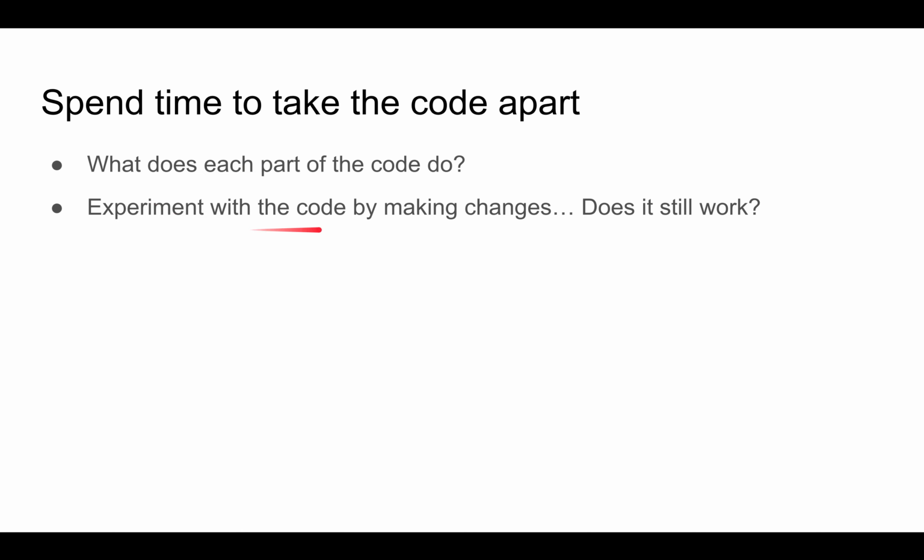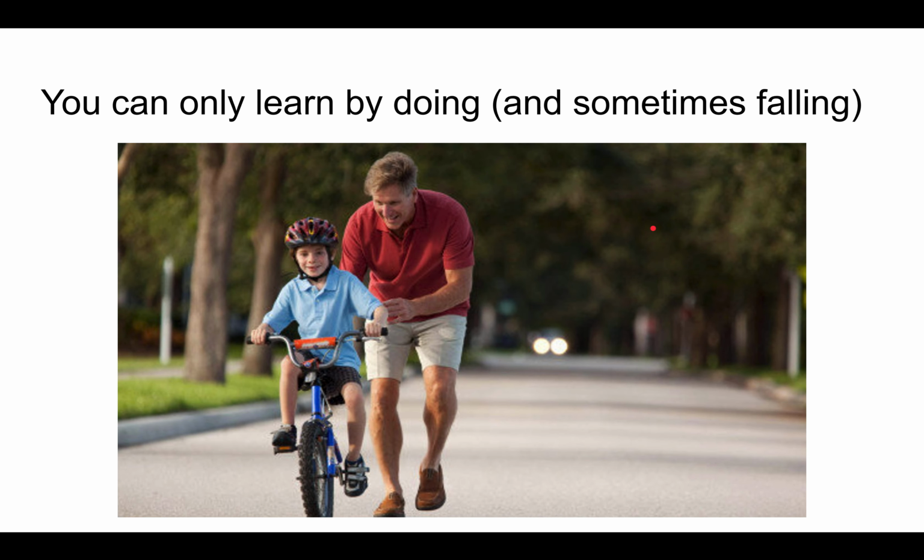You should also experiment with the code by making changes and seeing whether it still works or breaks. Ultimately, you can only learn programming by actually doing it. And when you do it, sometimes you will fall or fail, but that's life. That's just the process of learning.